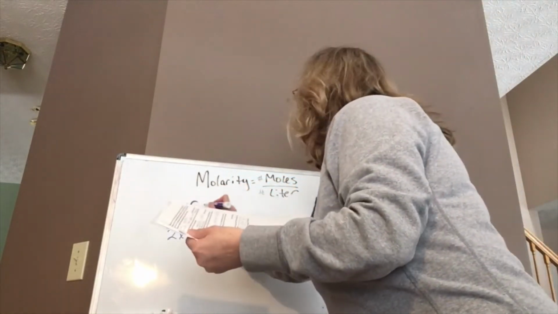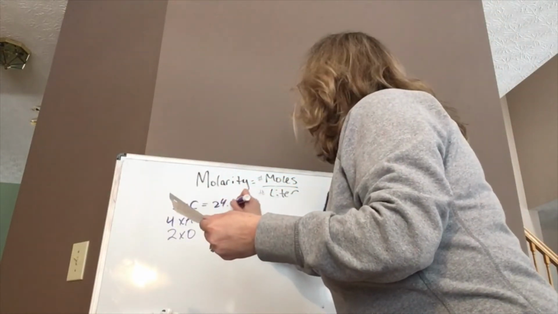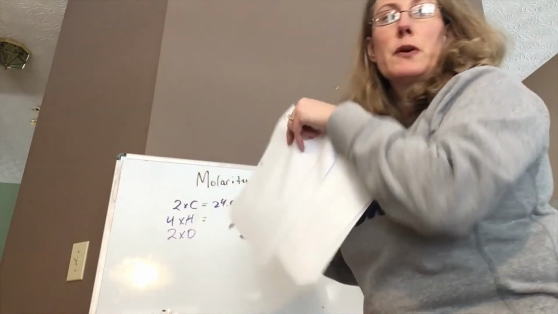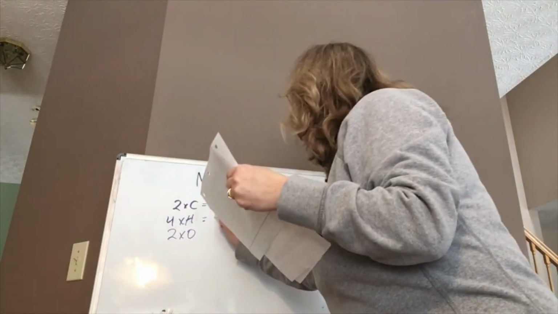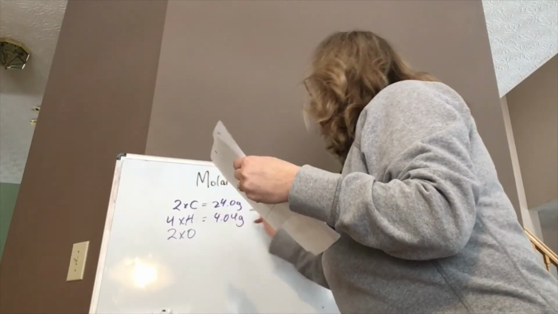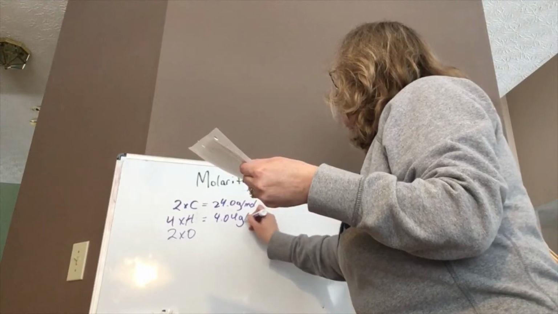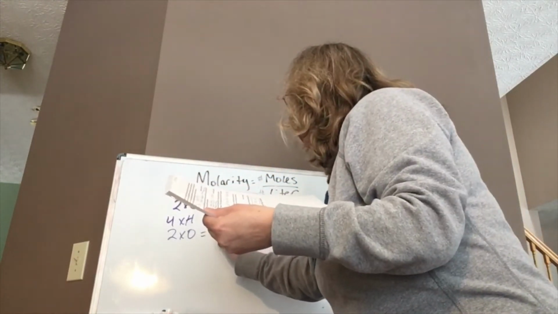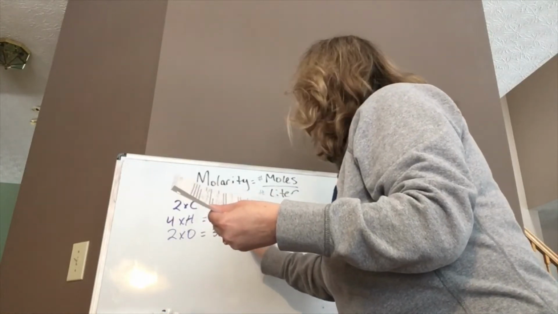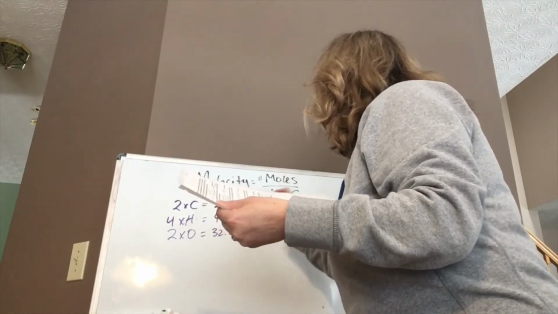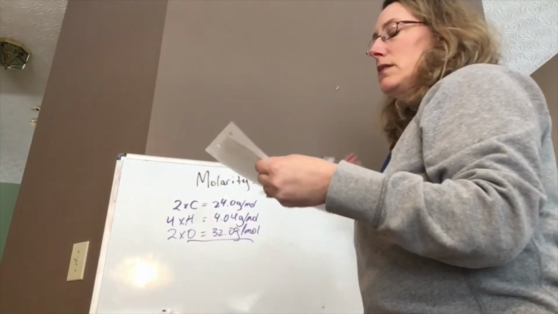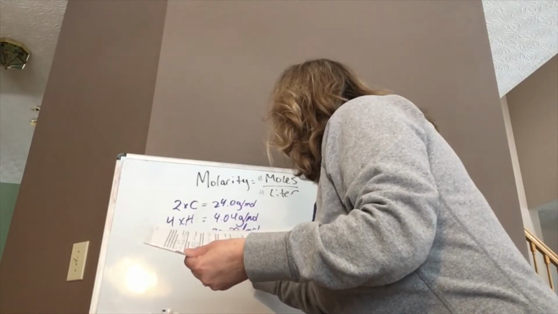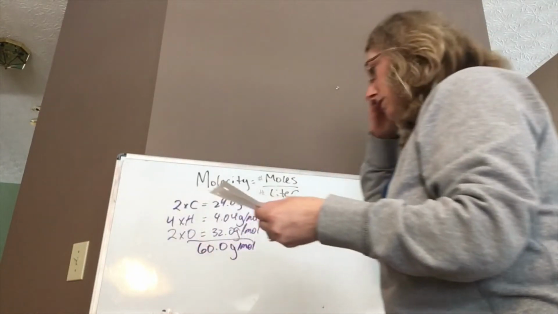So 2 carbons is 24.0 grams per mole. 4 hydrogens, if you find in your periodic table, is 1.01, so it's 4.04 grams per mole. And oxygen is 16, so it's 32.0 grams per mole. So if we add all that up, acetic acid is 60.0 grams per mole. Great.